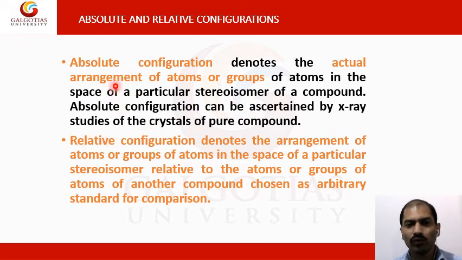With respect to the absolute, if we see the relative configuration, it denotes the arrangement of atoms or groups of atoms in space, meaning 3D space of the molecule of a particular stereoisomer, related to the atoms or groups of another compound chosen as the arbitrary standard for comparison.